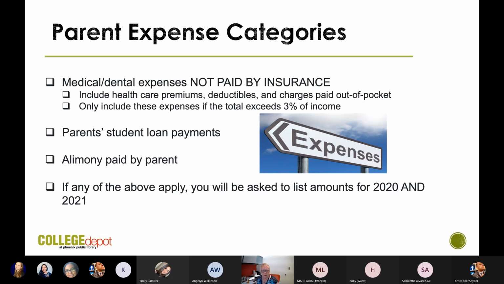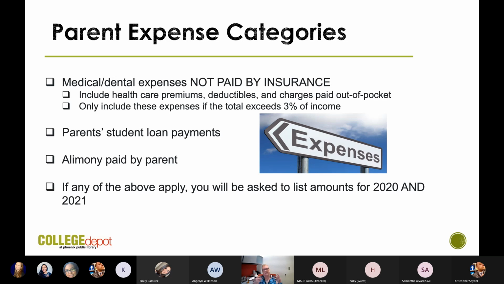One of those things is if our household has had significant medical or dental expenses not paid by insurance. This may be something you need to go back and calculate. If you're only paying healthcare premiums, deductibles, anything you paid out of pocket, if it exceeds 3% of your income, you want to list it.